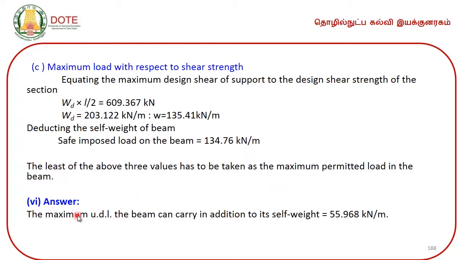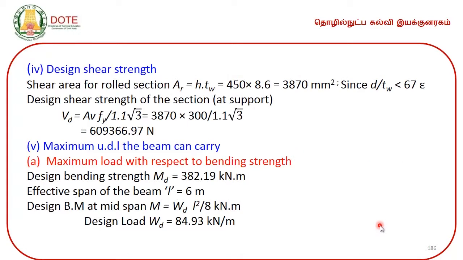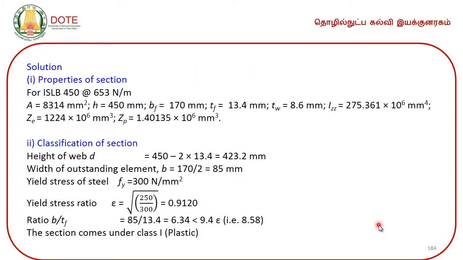And therefore, the sixth step answer is the maximum UDL the beam can carry in addition to its self weight is equal to 55.968 kilonewton per meter.